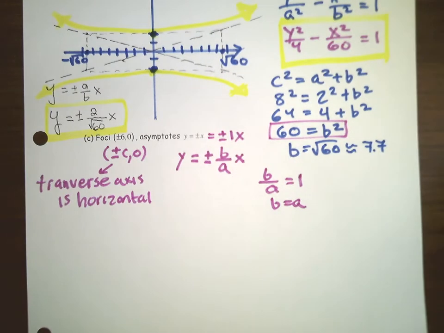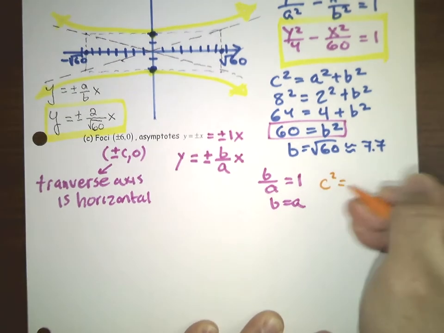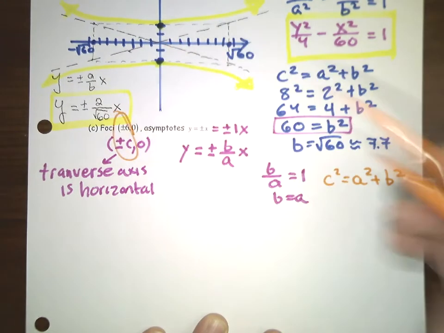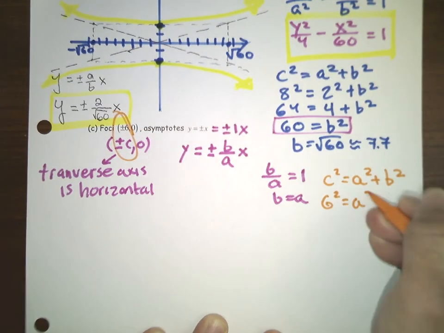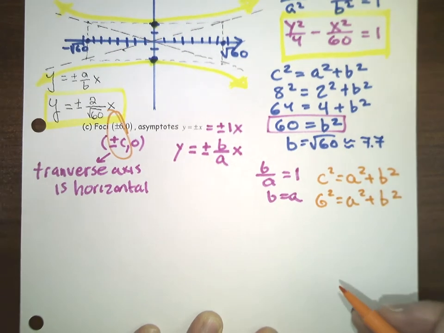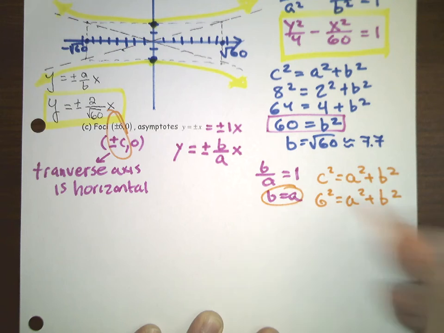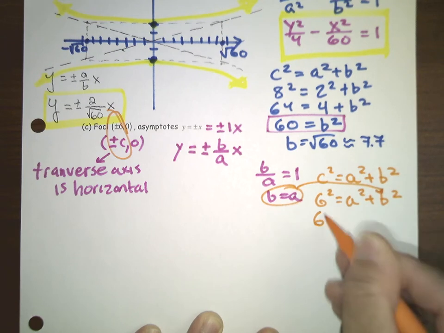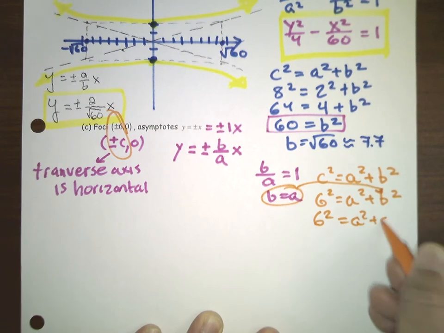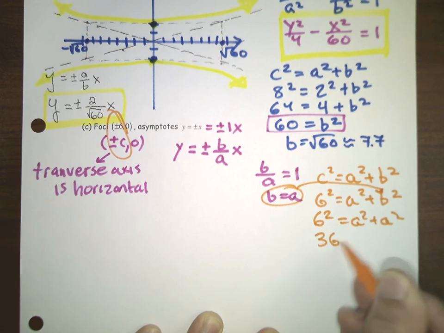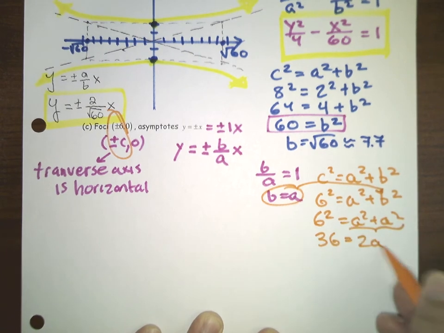So the other thing I also know, though, is that c squared is a squared plus b squared, and I know c is equal to 6, so 6 squared is a squared plus b squared. And so then I also know b is equal to a, so I'm going to substitute that in here. So I have 6 squared is a squared plus a squared, and so 6 squared is 36, so 36 is equal to 2a squared.